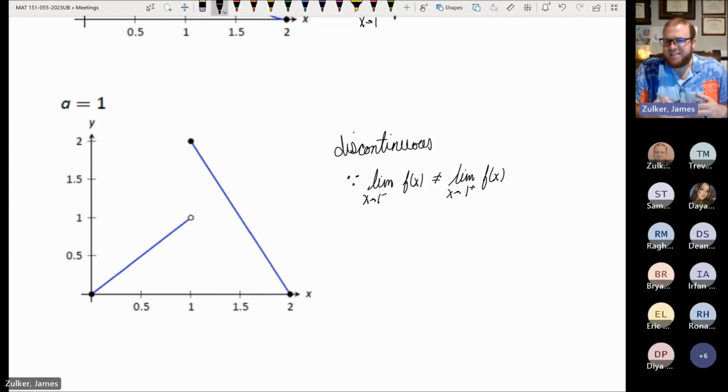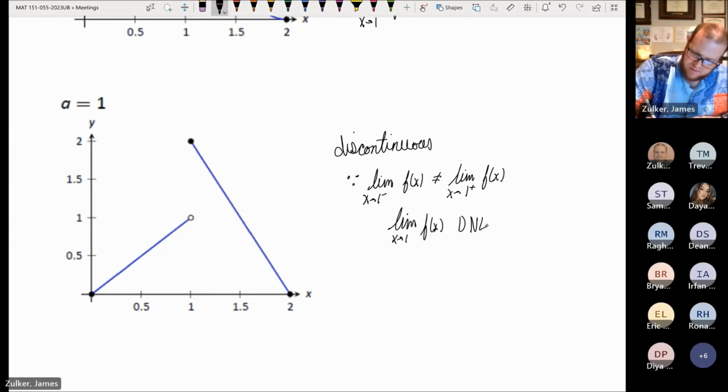The limit does not exist. Specifically, this is a jump discontinuity.